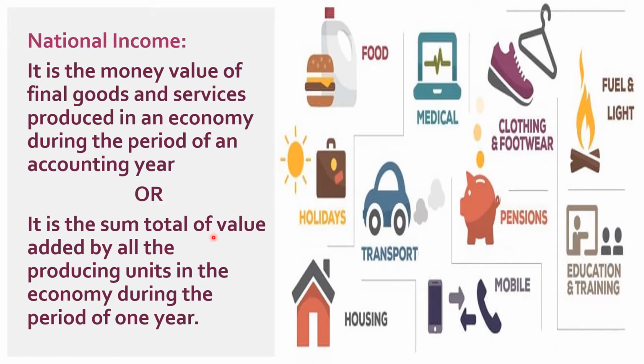It is then that you will understand this definition very well. For now, let me tell you that value added is the difference between value of final goods minus the value of intermediate goods used in the process of production. So at every level of production, the value added is calculated and is added to give us the national income.